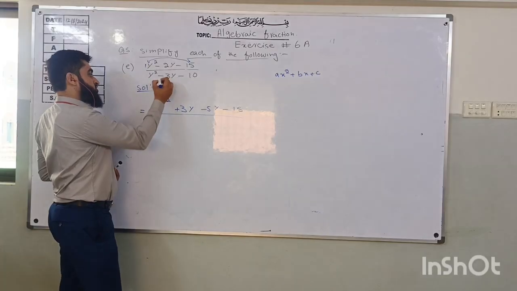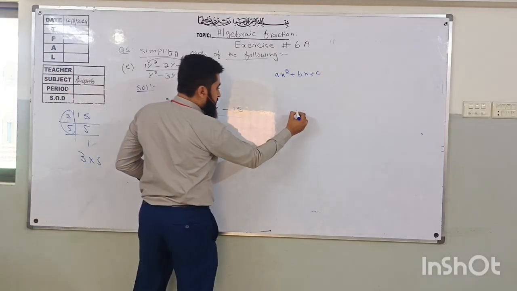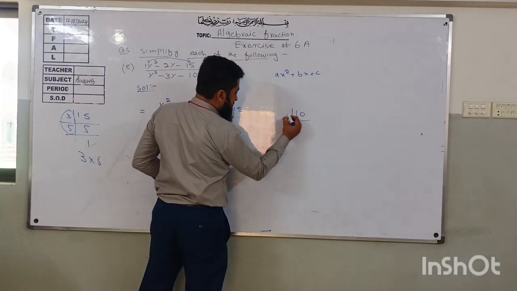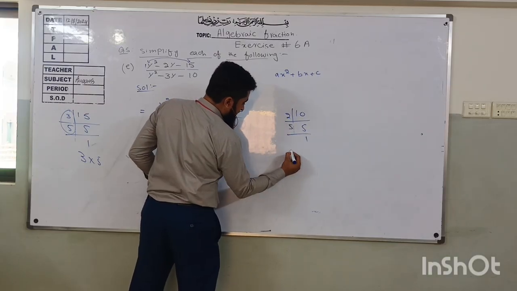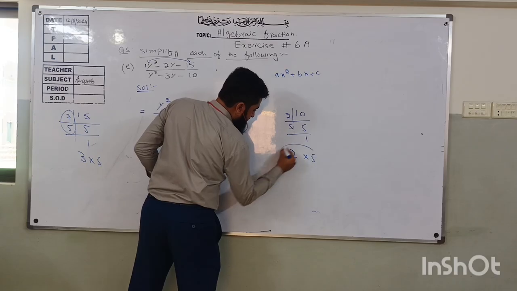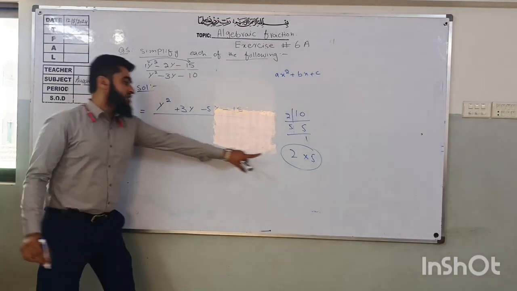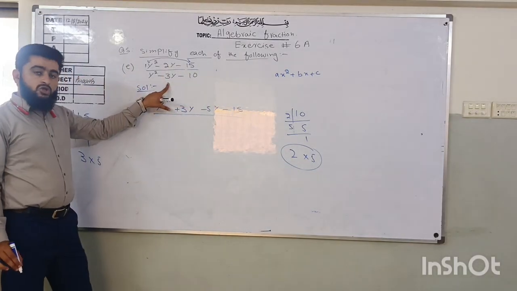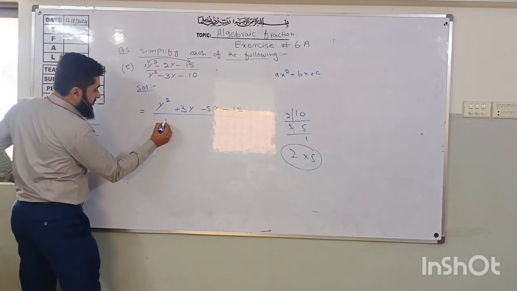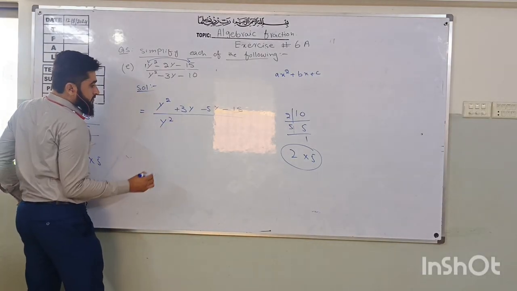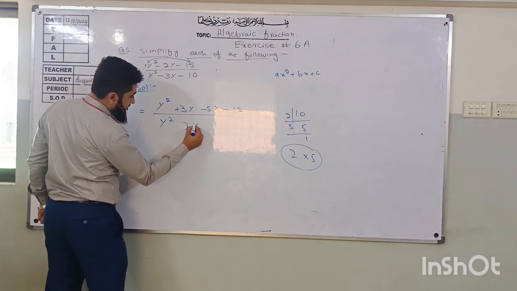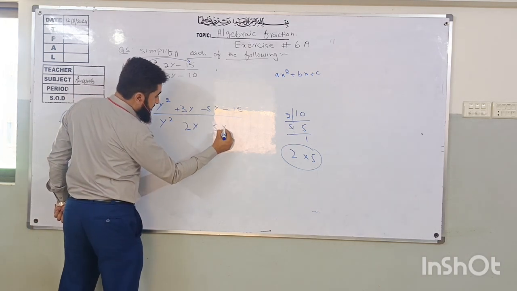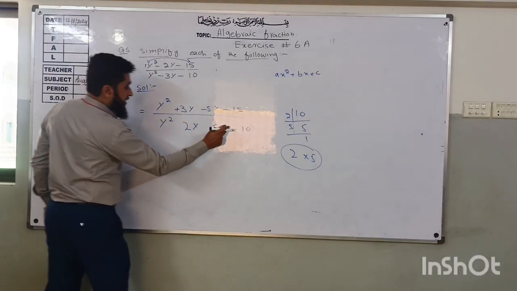Minus 10, the middle term will change into minus 3. How? We will check by factors. 2 × 5 is 10, again 2 multiplied by 5. These are the required factors. 5 plus minus 2 will change into 3. So y², what are the signs? Please wait. 2y and 5y, minus 10.